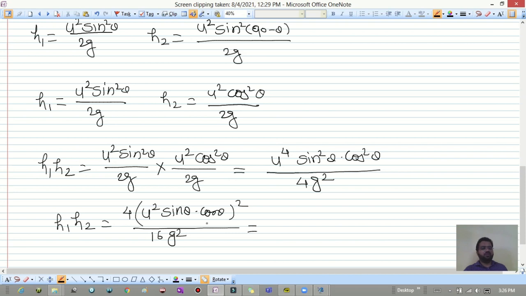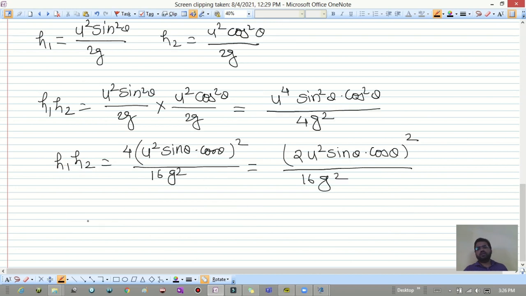So which is equal to 2u squared sine theta into cos theta whole squared divided by 16g squared. Now h1 into h2 is equal to, taking everything in the bracket, 2u squared sine theta into cos theta divided by g, whole squared.